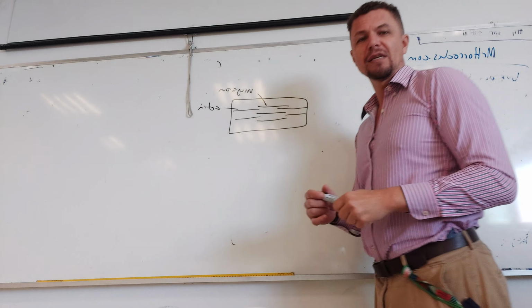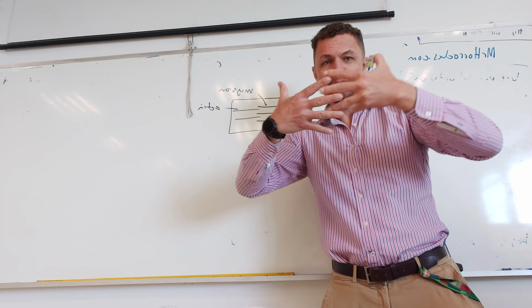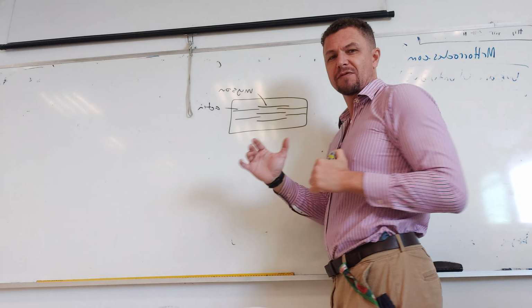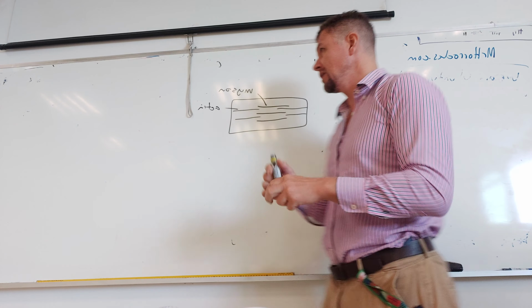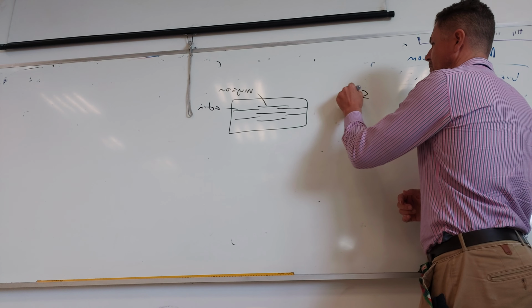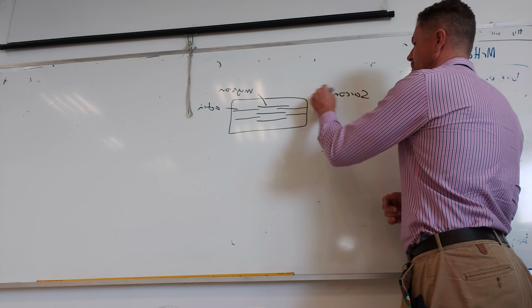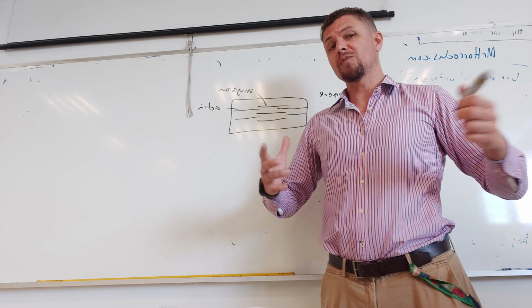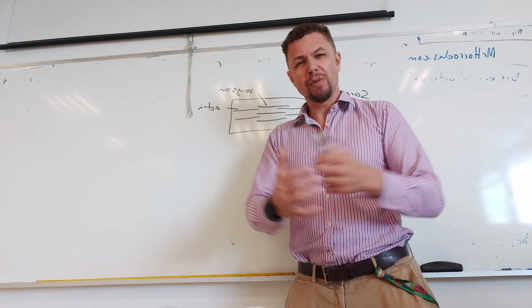And these elements are sliding past each other. And that sliding causes each one of these very small units called sarcomeres, this is a sarcomere, to contract. Okay? If all the sarcomeres contract together, I mean the whole muscle contracts.